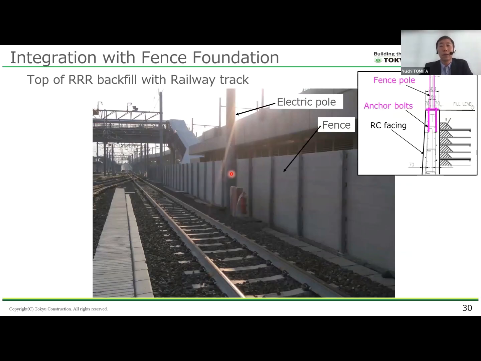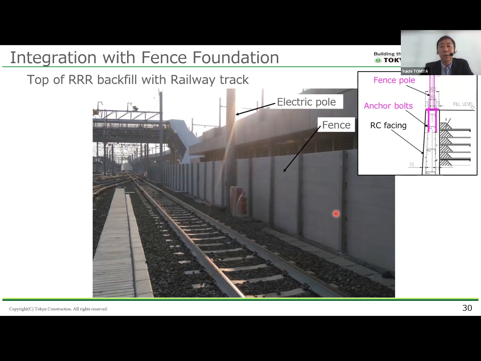In this project, the fence foundation anchors were installed at the top of the full-height rigid facing, integrating the fence foundation with the 3RGRS retaining wall as required by the client. In addition, the RC full-height rigid facing was also used as the foundation for electric poles. In many previous 3RGRS retaining wall projects, the RC full-height rigid facing has been used to support various structural components, not only fences and utility poles, but even bridge girders.